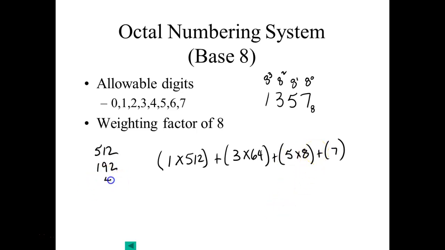That's 40, and then plus 7. I add those together, and that would give me the decimal equivalent. Same thing we did for binary, same thing we did for decimal. But instead of using my powers, I'm actually using the decimal equivalent of that power. Add these together, and you should expect an odd number.